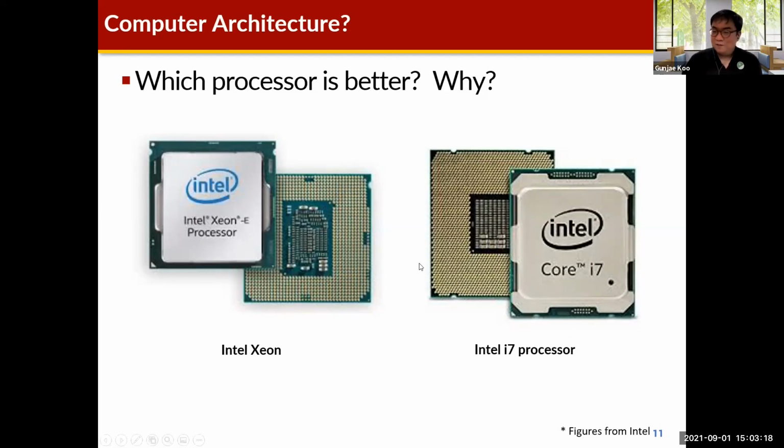Which processor is better, Xeon or i7? Xeon, because Xeon is more expensive. So what is the difference between Xeon and i7? Yeah, right. It depends on the tools, right?